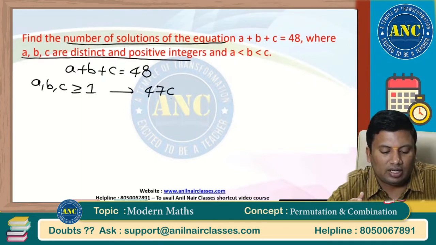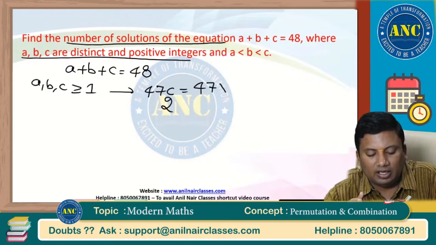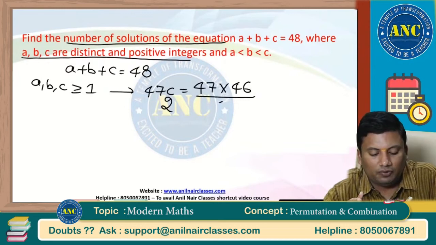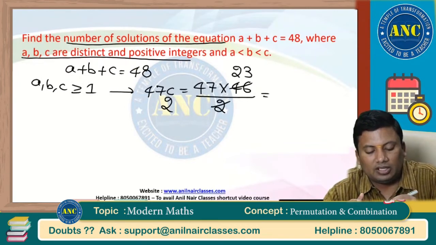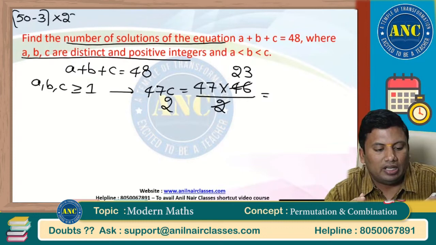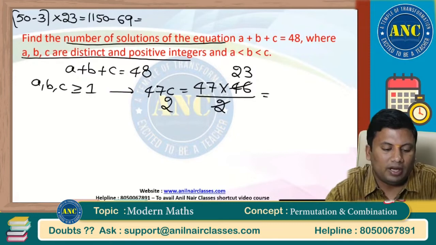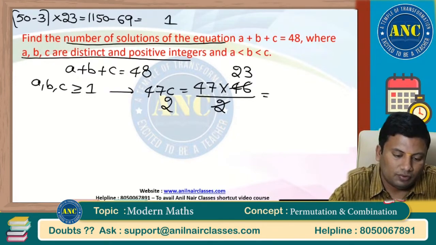The answer is 47C2, which is 47 into 46 by 2, that is 47 into 23. 47 can be written as 50 minus 3, into 23. This is 1150 minus 69.